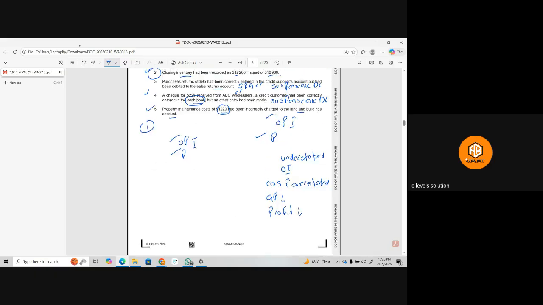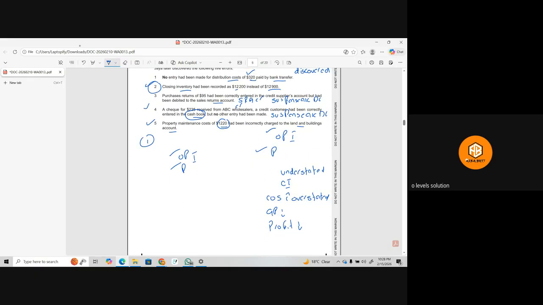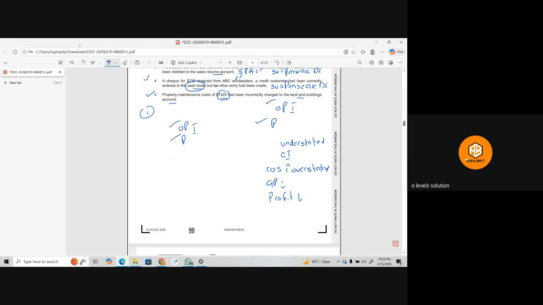The next error is this third one. So what was this entry? The entry was, I guess, the purchase return. One second, let me write it here.